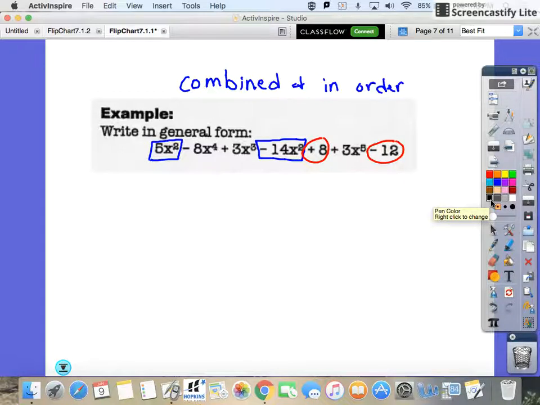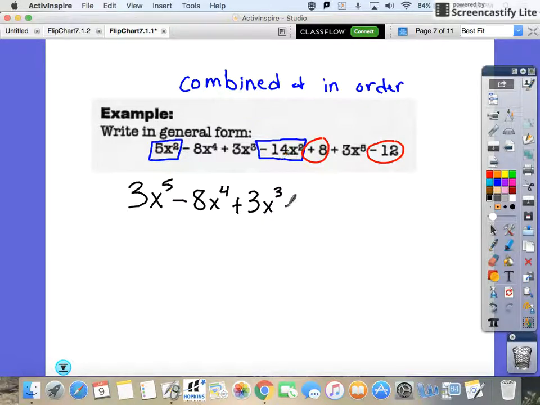So the first term is 3x to the 5th because that's the highest power. Then we go negative or minus 8x to the 4th because that's the next highest. Then we go to the power of 3, so plus 3x cubed. And then we have 2 in the blue box, 2 squared terms. So I have 5 here and then negative 14 here.